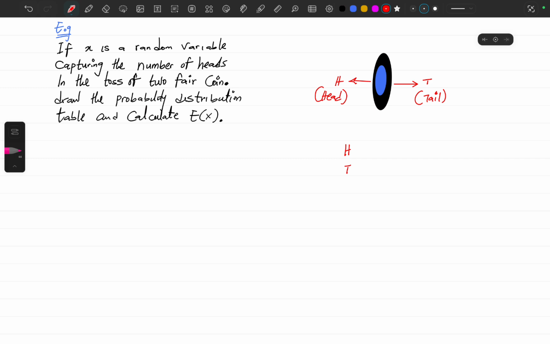But if I toss up the same coin two times, then it's possible that the first time the head shows and the second time the tail shows, or the first time the tail shows and the second time the head shows, or the first time the tail shows and the second time the tail shows, or the first time head shows and the second time another head shows.